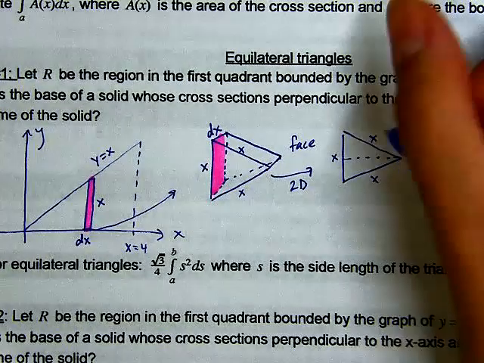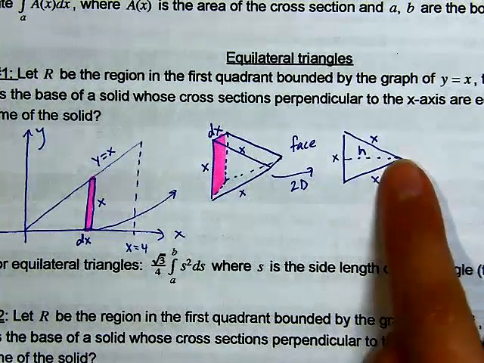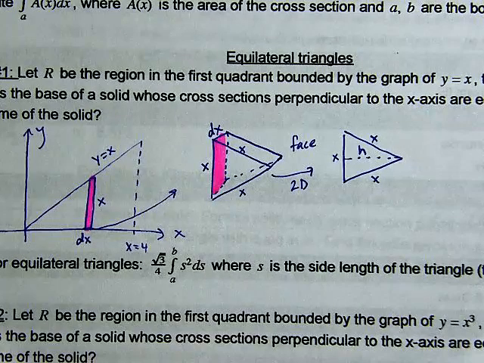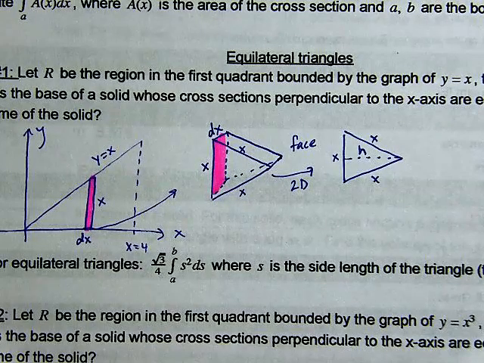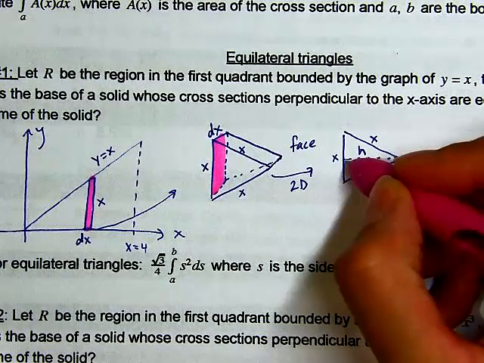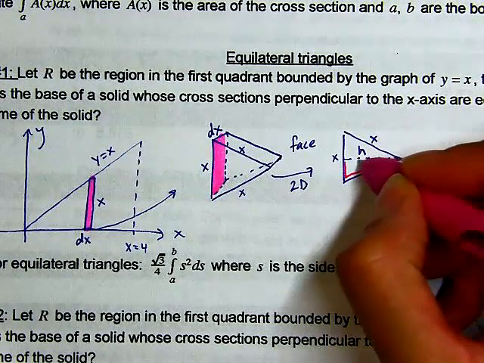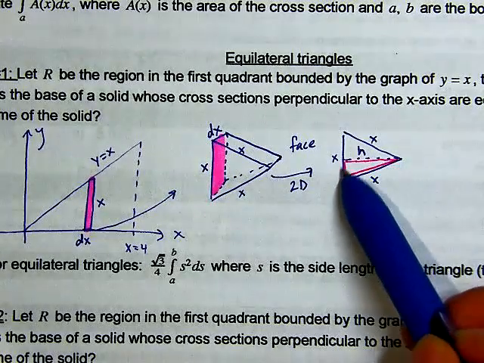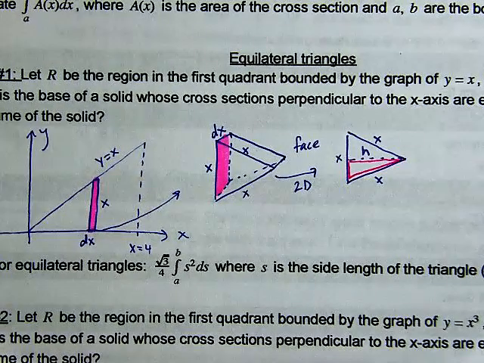So here, your height is actually this distance from here to here. So we need to use Pythagorean theorem on this piece of the triangle in order to find that distance h. We know the sides, but we do not know what the height is.